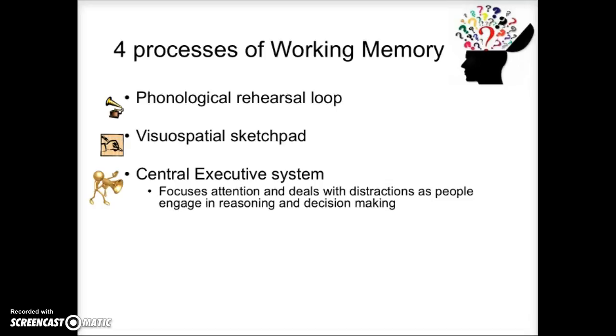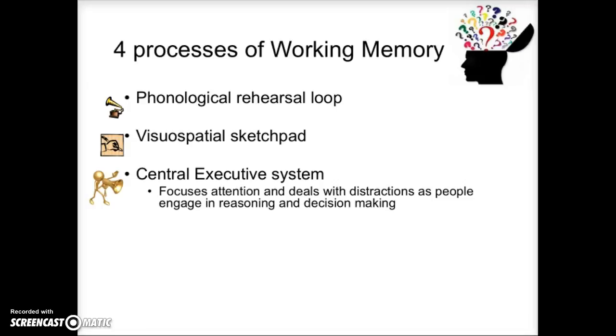Now, the CEO of you, Central Executive System, has one teensy tiny problem. In order to make decisions about what to do with this sensory information that's coming in about what you're experiencing in this moment, it needs to know what your past experiences with similar situations have been.